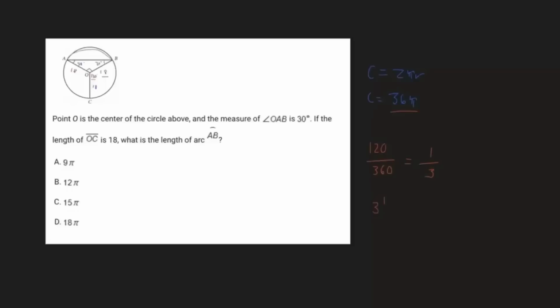So let's just divide this by 3, because we know that this angle represents 1/3 of it. And so we can just do 36 over 3, which is 12, and keep the pi, so we don't have to simplify it completely. And so our final answer here is going to be 12 pi. It does match up with answer choice B, and therefore that is our answer.